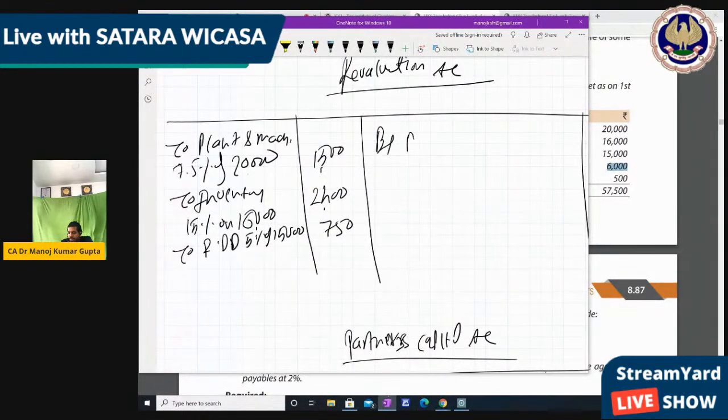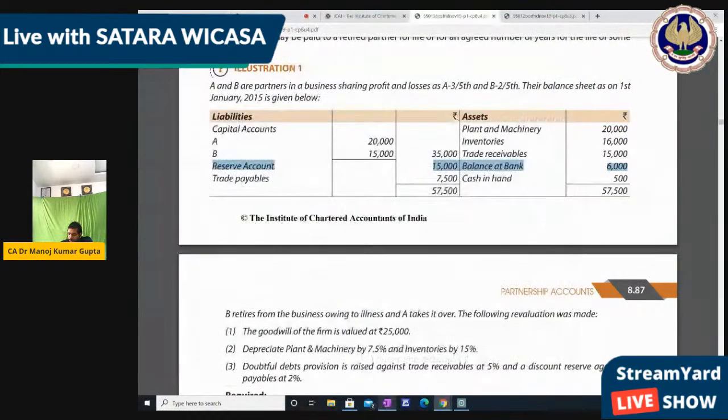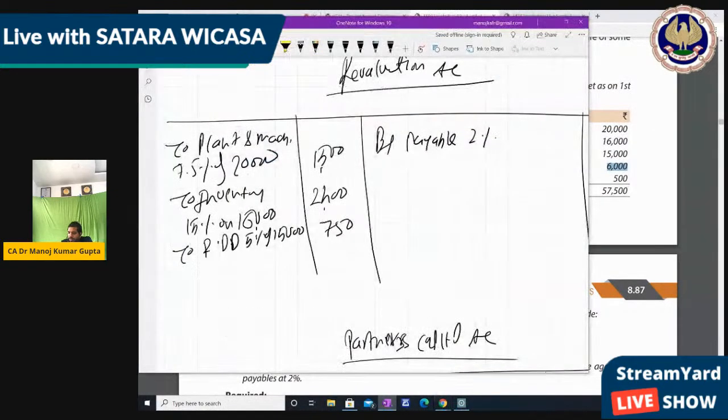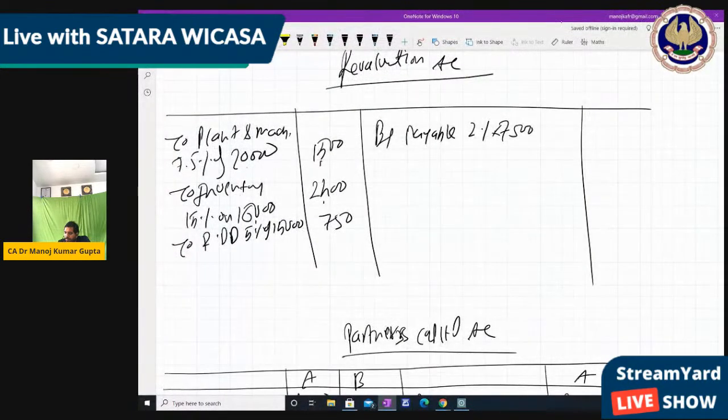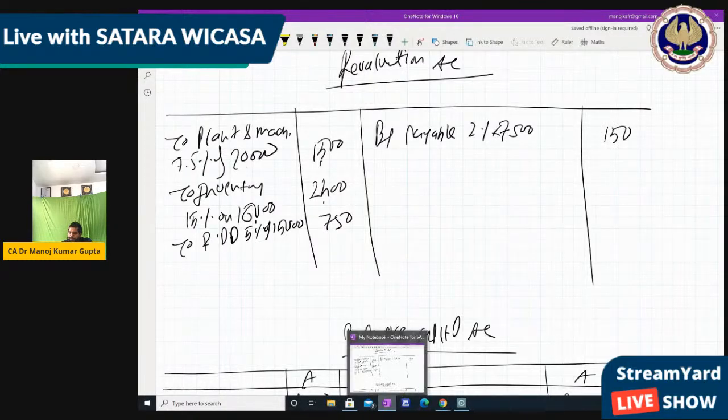By payable, 2% reduce. So 2% of 7,500 is 150. Right. So that is the revaluation part.